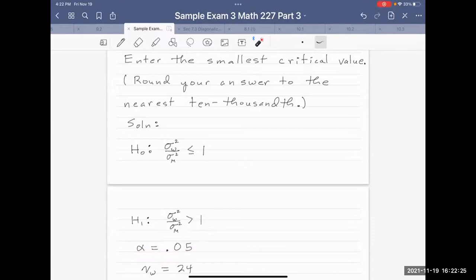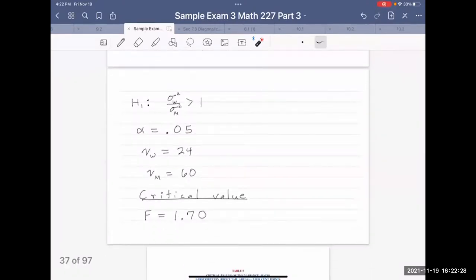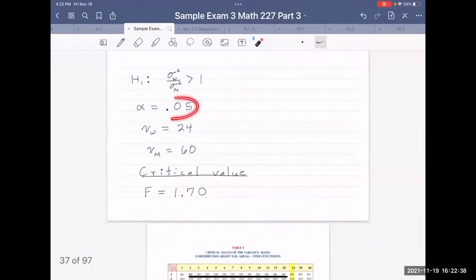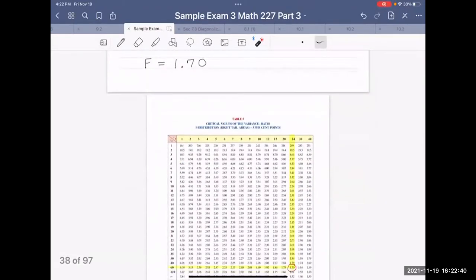Let alpha equal 0.05. The degree of freedom for women is 24, and the degree of freedom for men is 60. So we are doing 0.05, 5% points, and of course, it's a right-tailed area.